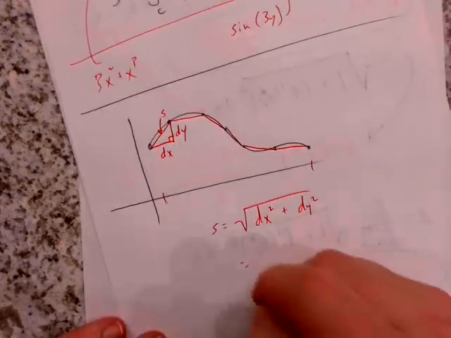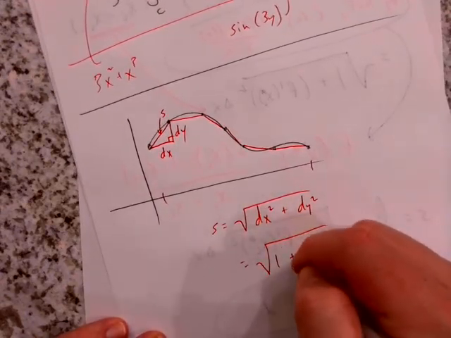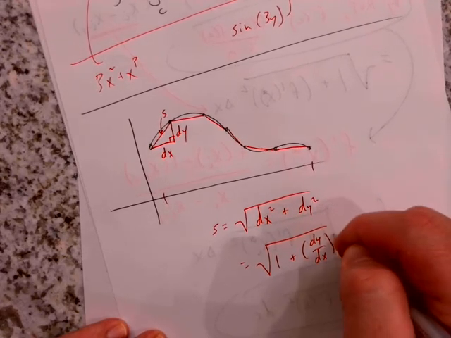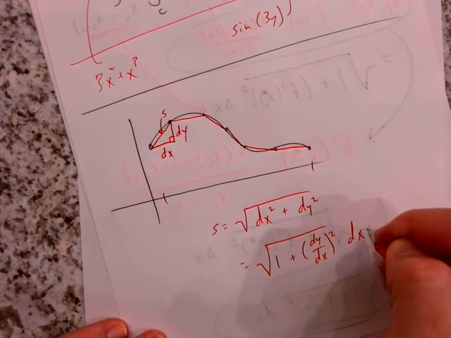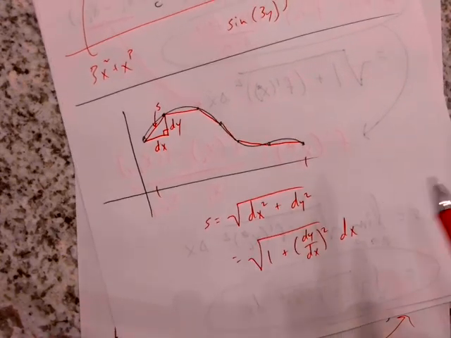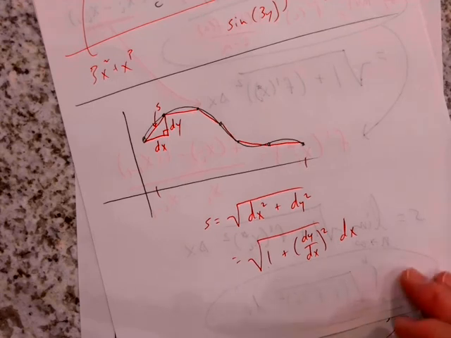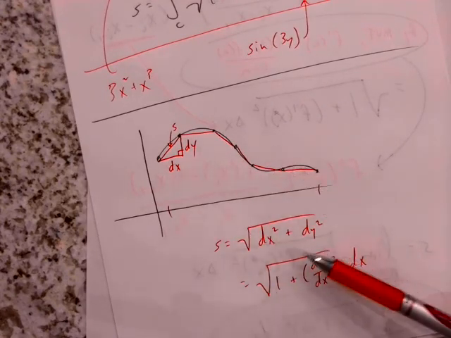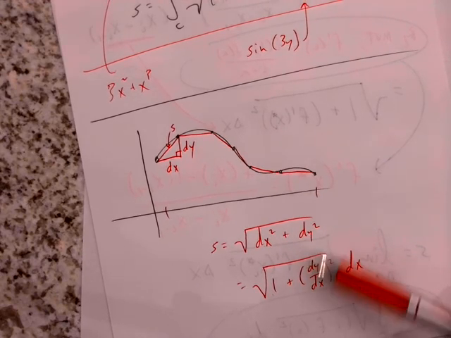Factor out a dx squared. And you get the exact same thing, just the square root of 1 plus f prime squared dx. So it's the same basic idea because the distance formula is the Pythagorean theorem. It just does it a bit quicker, I suppose. But same idea.